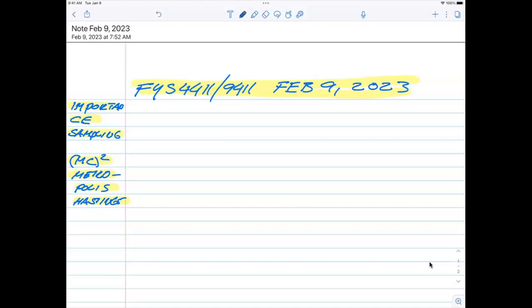So what we have are three key ingredients in all these calculations. One is importance sampling, then we have the Monte Carlo Markov chain, and then we have the Metropolis Hastings algorithm. So these are the three most important ingredients which we are going to deal with.